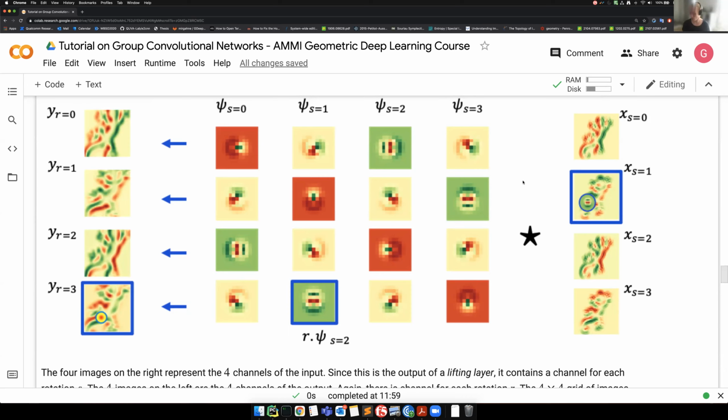Yeah, that is actually a problem when you work with, for example, other groups. With rotations it is simple because you have only 4 elements. That's not that bad. You have only 4 permutations that you need to use, so it's still efficiently implemented as I'm showing you now. You just need to do convolution 4 times. But if you have as a group, for example, the group of permutations of a set of n elements, the number of transformations you can do is n factorial, which is pretty bad in practice.